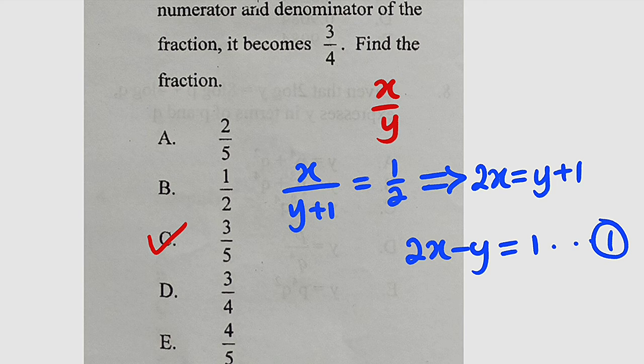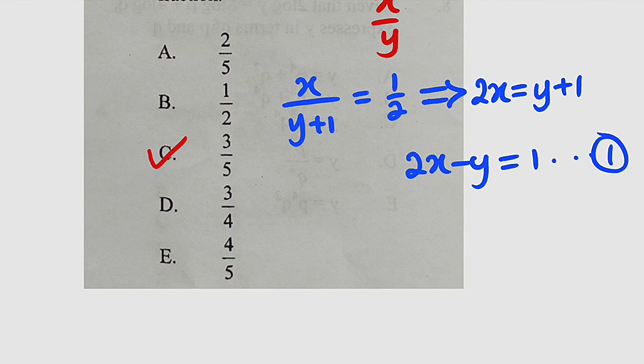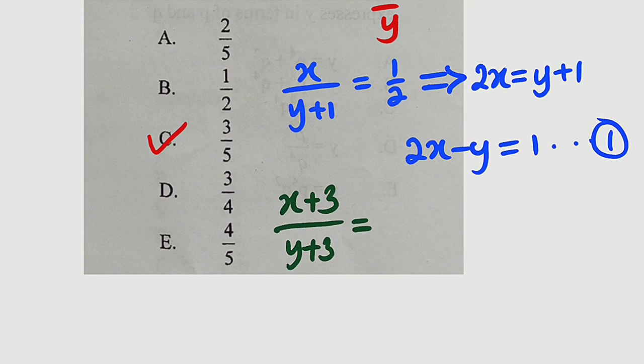Then again, it's stated that if 3 should be added to the top and to the bottom, that is x plus 3 divided by y plus 3, that will give us which fraction? 3 over 4.